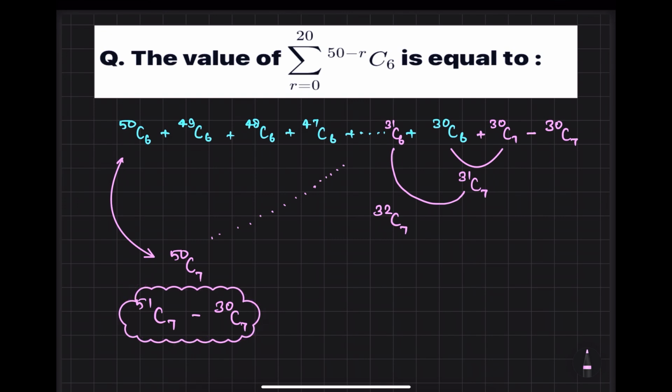What we did is initiate the chain reaction from the smaller side, by taking help of the result NCR plus NCR+1, where the upper subscript got increased by 1 and the lower subscript we take as the bigger element. I hope the idea is clear.